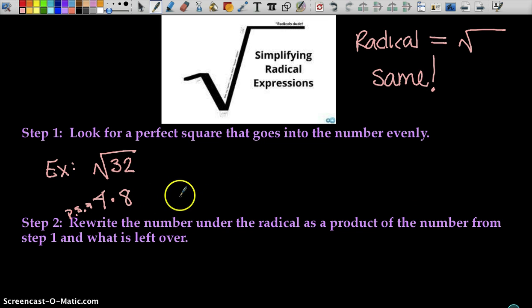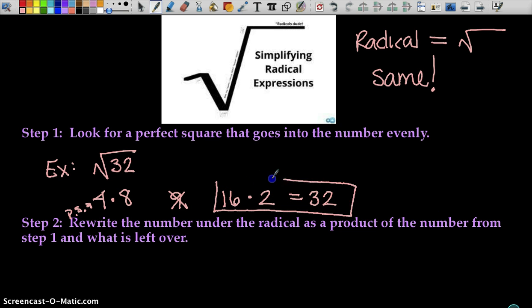What else? What's the next perfect square? 9. 9 doesn't go into that evenly. How about 16? Well, 16 does. It would be 16 times 2 would give you 32. Okay? So now that we have found this right here, and it's the biggest possible perfect square, we're going to go on to step 2.